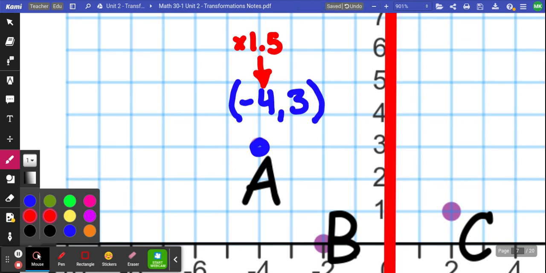So that means this point would now be (-6, 3). And notice how it has stretched away from the y-axis.